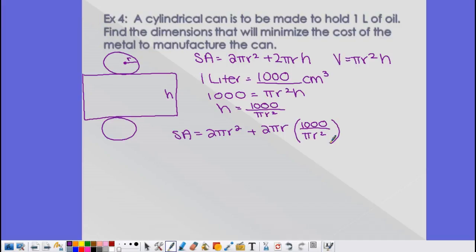So what's nice about this? Goodbye to a pi. Goodbye to an r. So you get 2,000 r to the negative 1, or 2,000 over r.